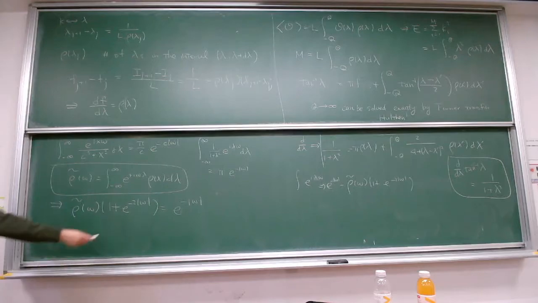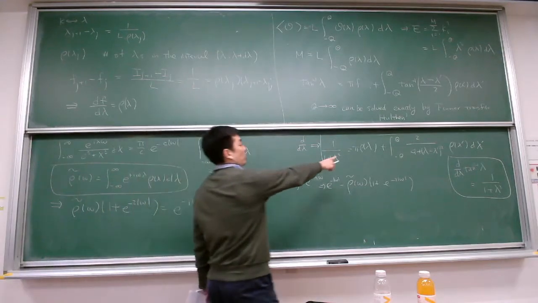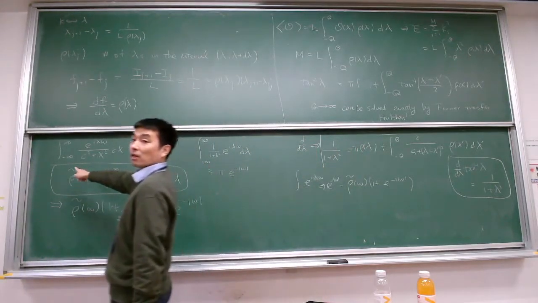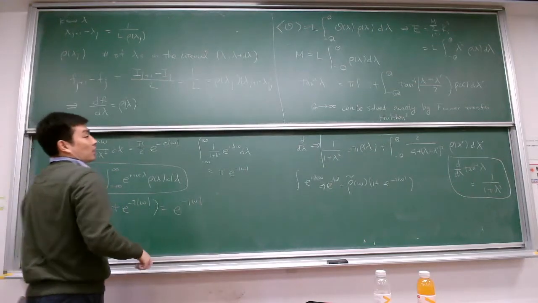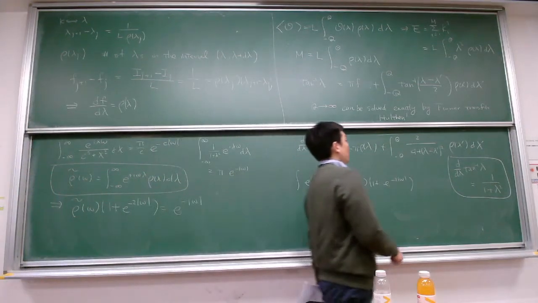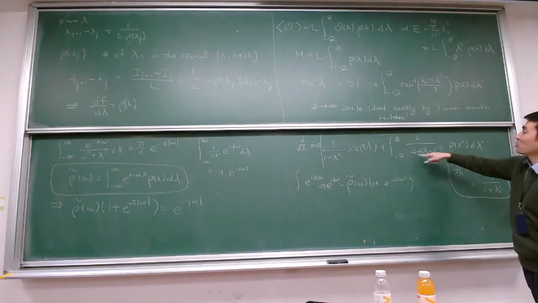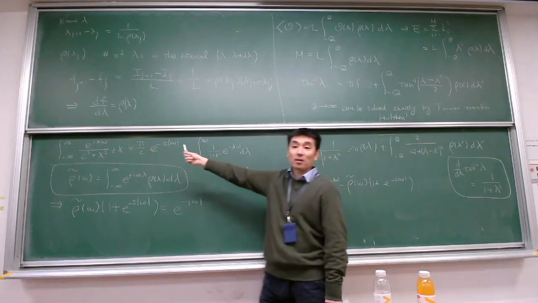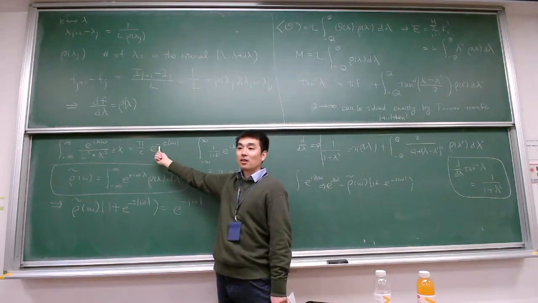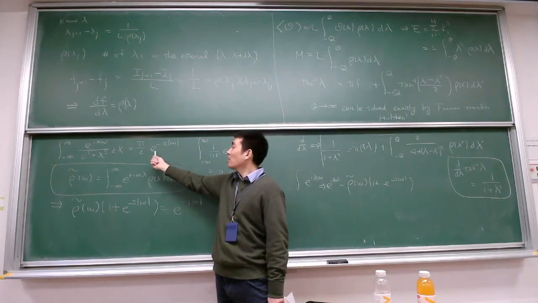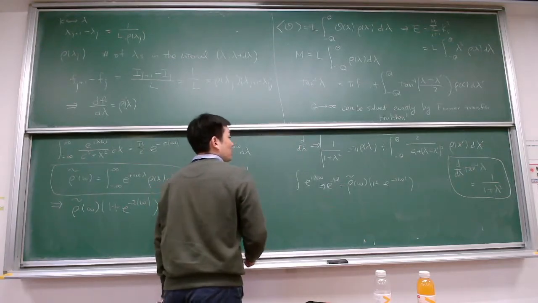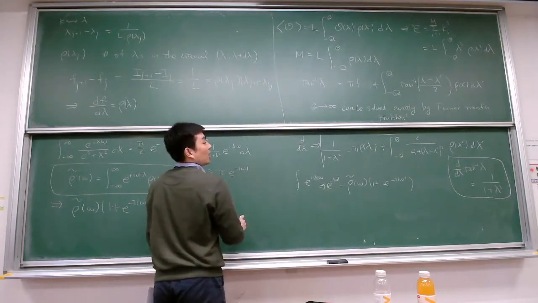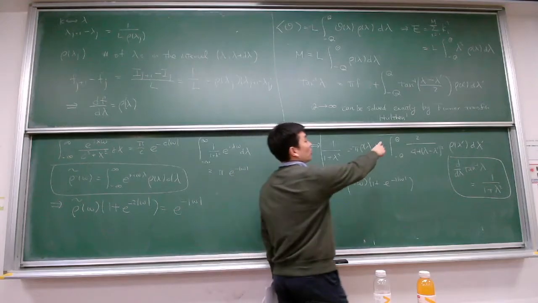So from here you just get rho tilde omega, right? And then one has to do this integral. But this integral is also the Fourier transform of this guy. You can just use this formula. Do you understand? So let's do that. I think I already took the q goes to infinity limit.